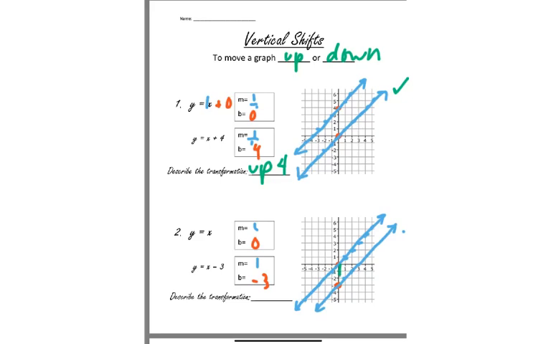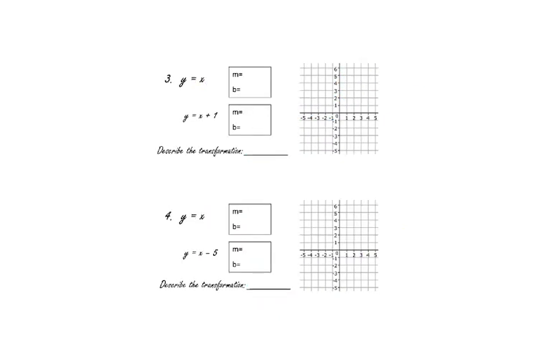So from my parent function, my new line dropped down 3 units. You could know that because it was at 0, and now it's at -3. So it dropped down 3 units. Pretty easy. Go ahead and try these two. Graph your parent function. Begin at 0, go up 1 over 1 is your slope.